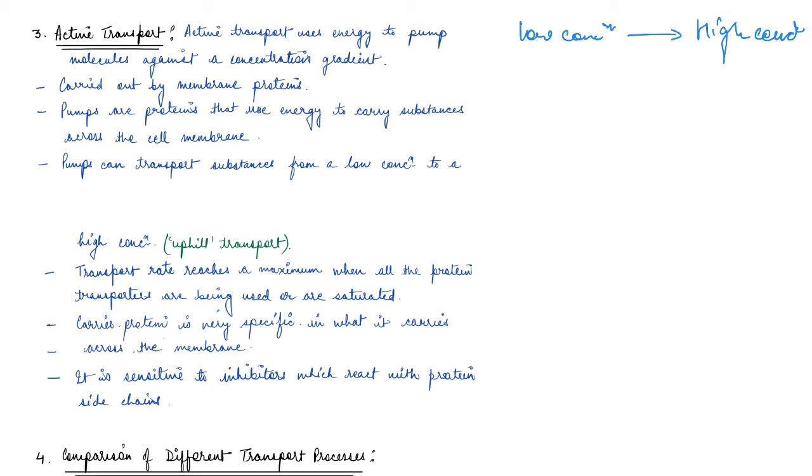Now, pumps are proteins that use energy to carry substances across the cell membrane. These pumps can transport substances from low concentration to high concentration, which is also known as uphill transport. Right. Now here again the transport rate reaches a maximum when all the protein transporters are being used.